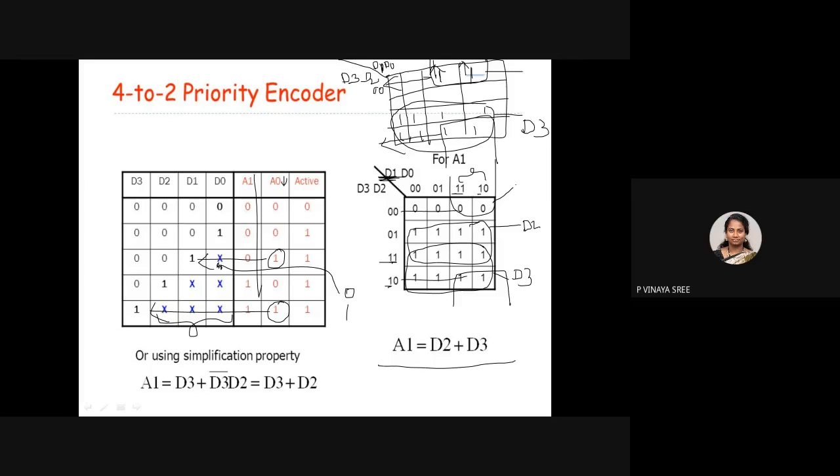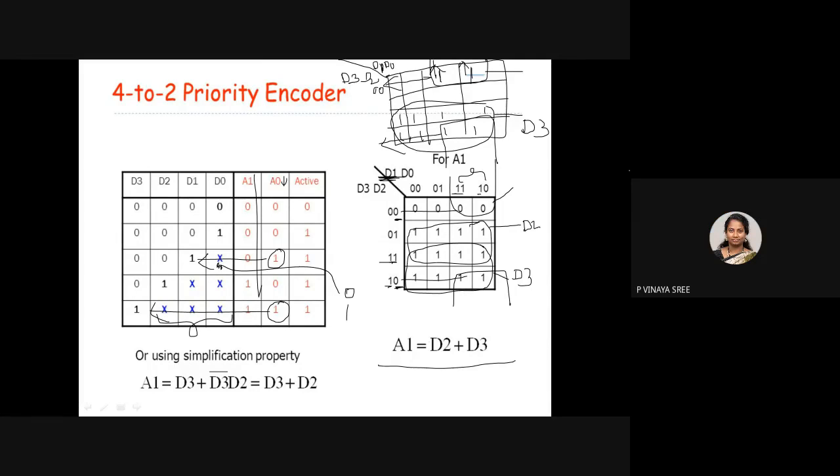Is it D2 complement or D2 actually? What do we have here? 0. Is 0 represented in complement or in normal? Complement. So what will be the answer? D2 complement D1. Yes, good.